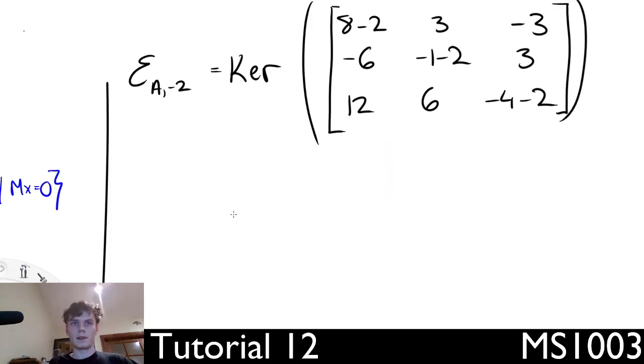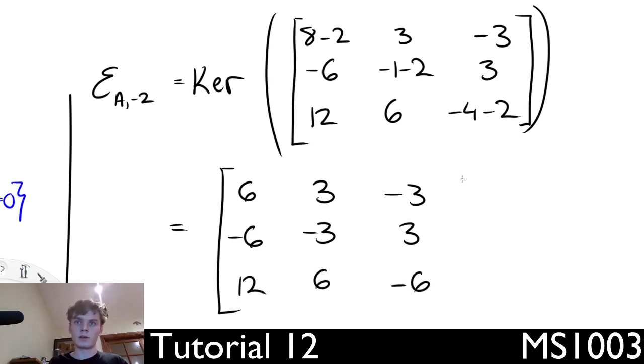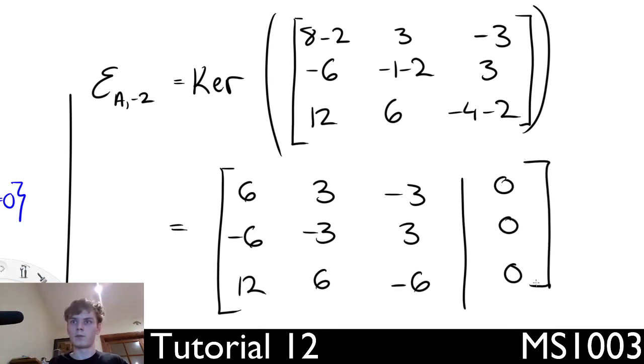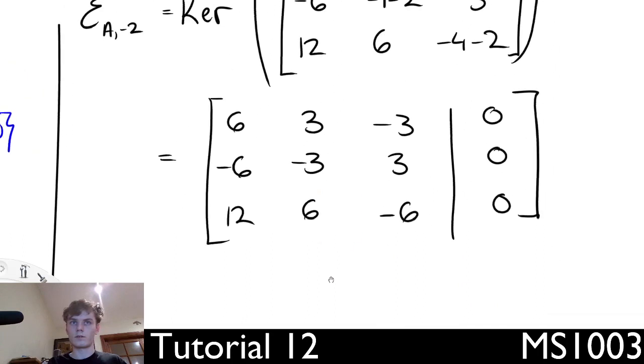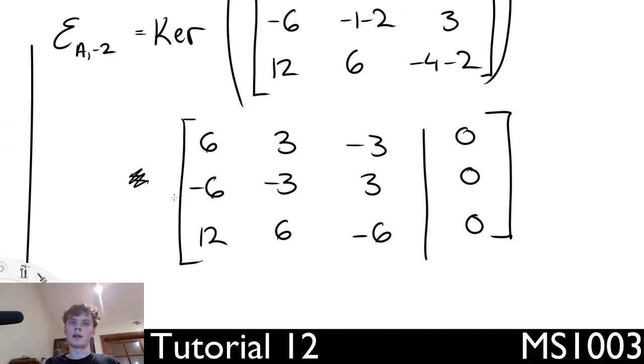Okay, so again, we're going to use the augmented matrix approach. Get this fastest. So we're going to have a 6 up here. This guy will be a minus 3. And our last one will be a minus 6. And we're solving this for vectors that get mapped to 0. And I shouldn't have an equal sign here necessarily, because I'm solving to find the kernel. This isn't just equal to the kernel.